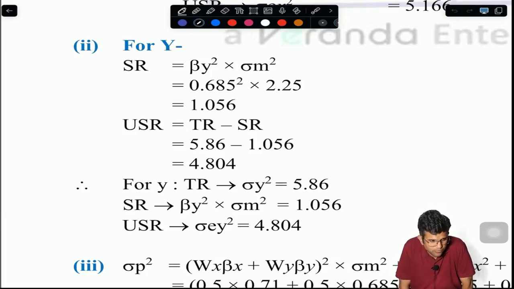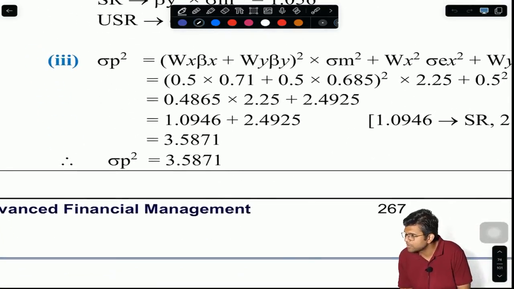Unsystematic risk 4.804. And then sigma p square I got 3.5871.